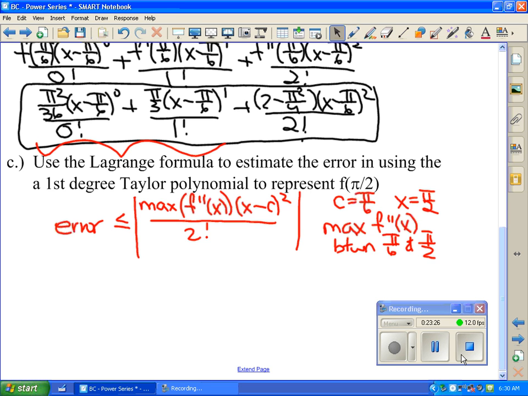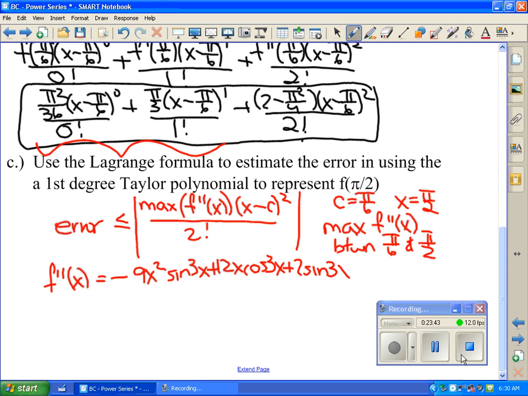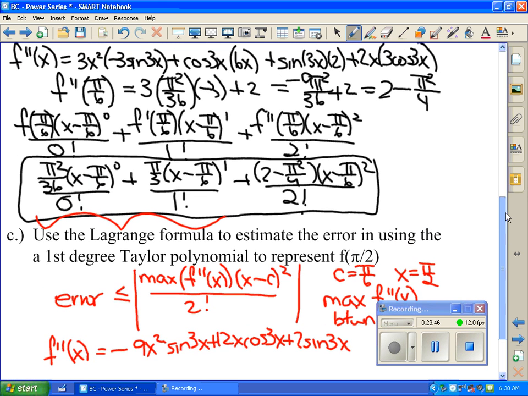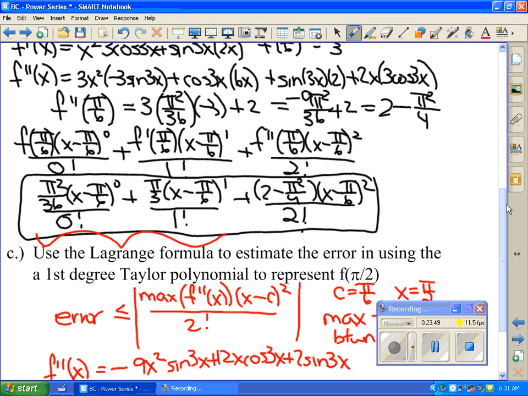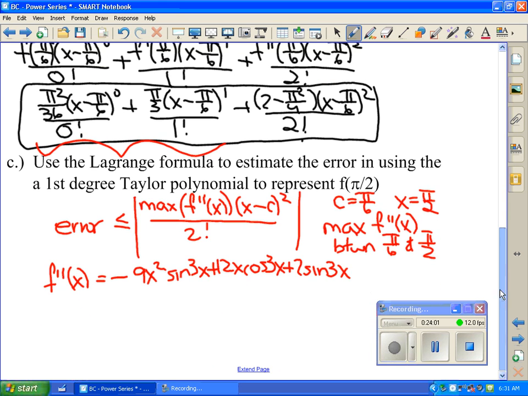So what I did was I graphed the f double prime of x that I had from before. Just to remember, f double prime of x was equal to, I simplified it out, negative 9x squared sine of 3x plus 12x cosine 3x plus 2 sine 3x. I want to make sure that's what it simplifies to. Negative 9x squared sine 3x plus 12x cosine 3x, because these two add up to 12x, and then 2 sine 3x.